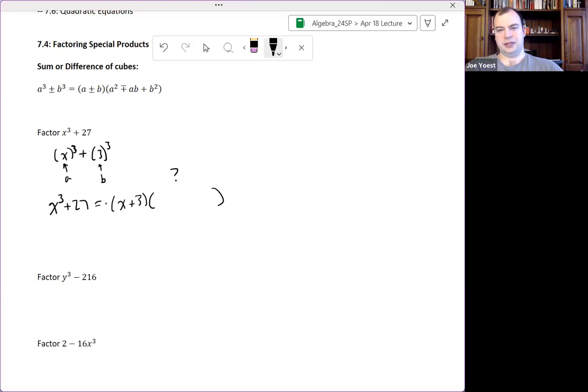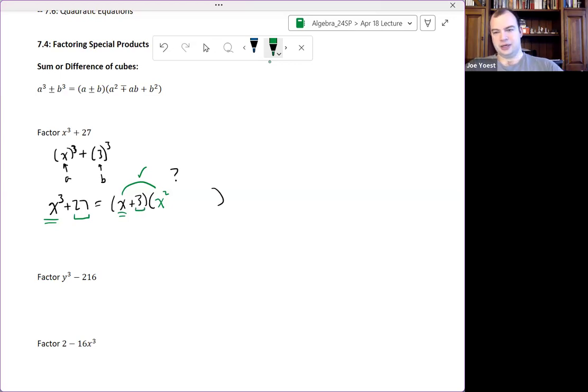Now, what should I put in there? Well, I know that I need to get an x cubed out. So this x has to hit an x squared in order to make an x cubed. So that's got to be in there. I also know I need to get a 27 out, a 3 cubed.